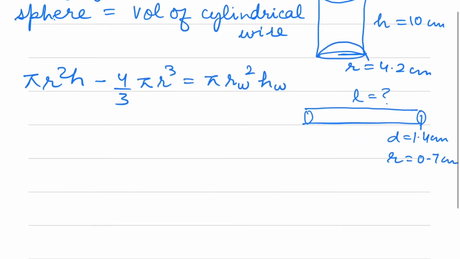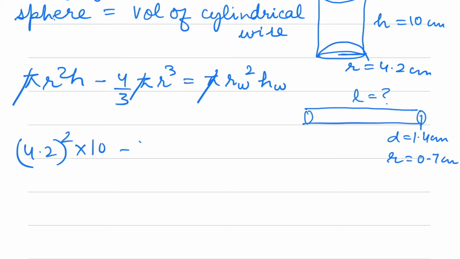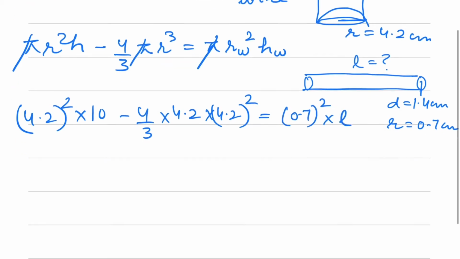Let's substitute the values now. So pi I can take common and it will get cancelled. So I'm left with radius 4.2 whole square into 10 minus 4 by 3 into 4.2 into 4.2 whole square is equal to 0.7 whole square into length of the wire.